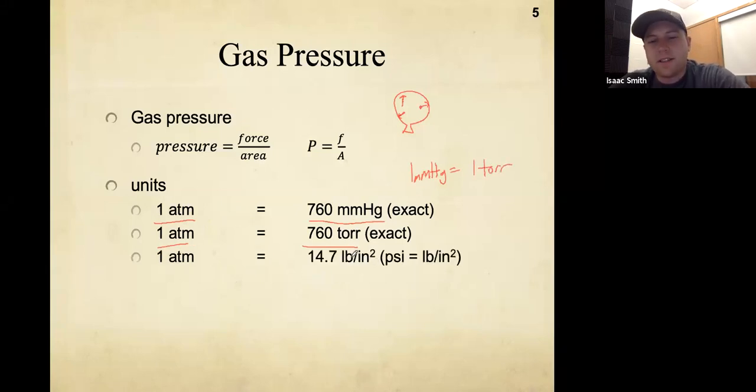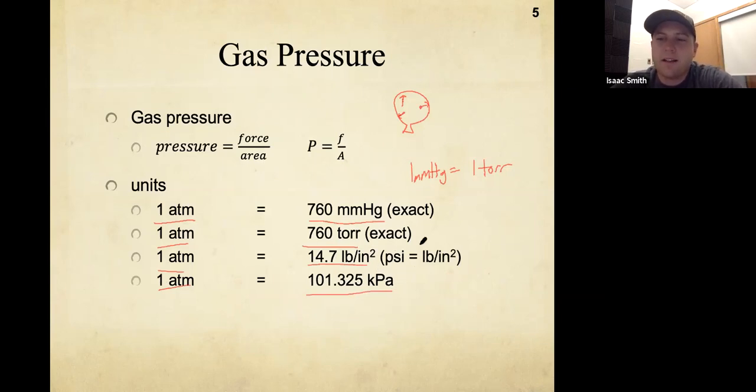The other one we're going to talk about is pounds per square inch. That's what PSI stands for. 1 atmosphere equals 14.7 pounds per square inch. PSI is a very common pressure unit, especially in the United States. Then we have 1 atmosphere equal to 101.325 kilopascals.